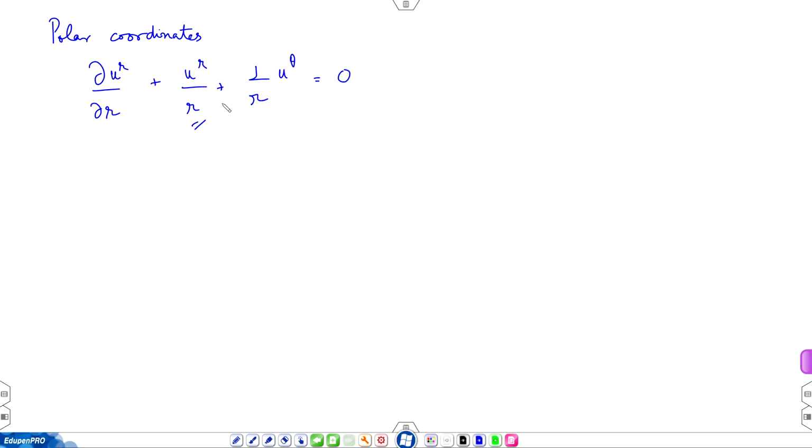In the absence of curvature, that means if it's straight, r goes to infinity. So, that term is 0, and you get back a form which is very similar to Cartesian, with r and theta playing the roles of x and y.